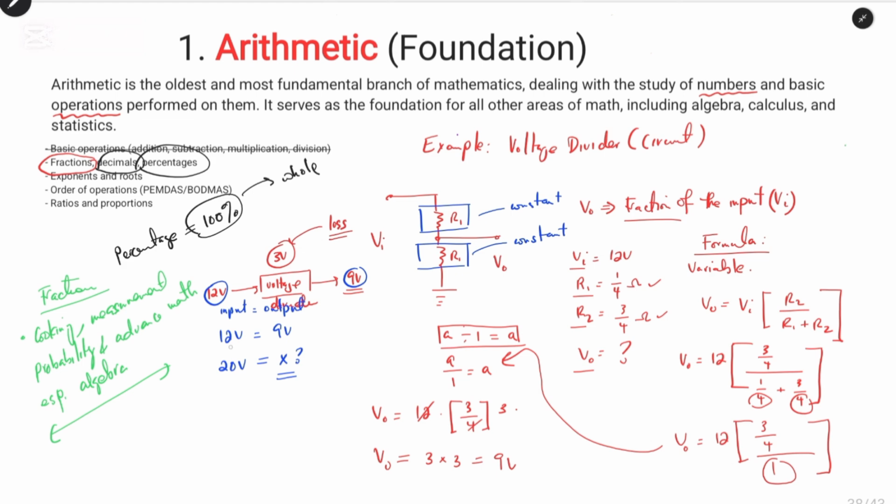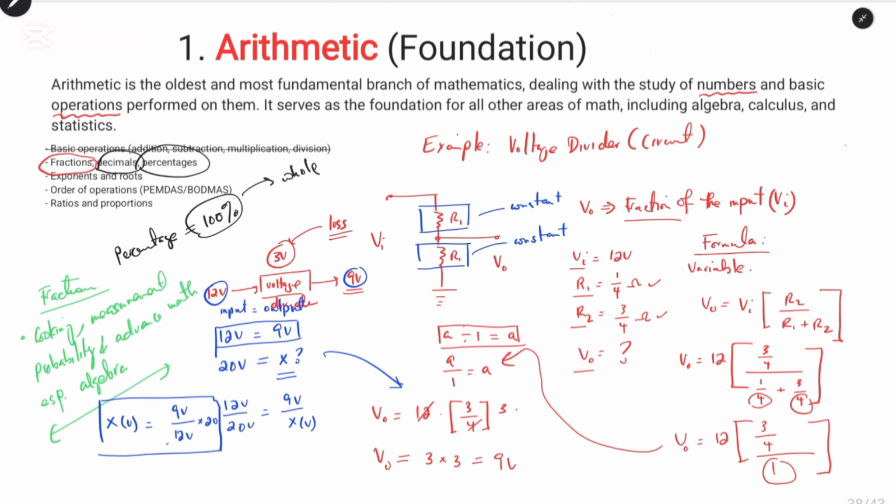If you already have data in place, then you don't need to do further calculation. You can just transpose by having 12 over 20 volts is equal to 9 volts over X volts. Make X the subject of the formula. You now have X volts is equal to 9 volts over 12 volts multiplied by 20. So this can be your new equation.